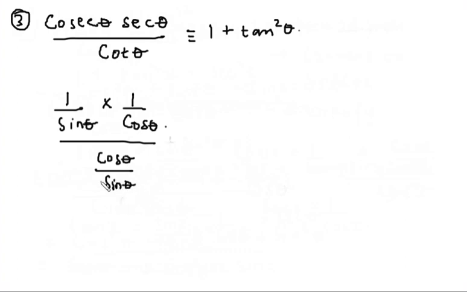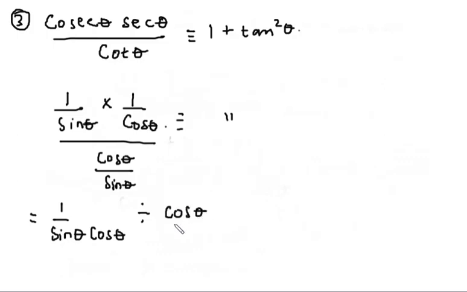Okay, so I'll be solving for just the left hand side mostly. This one multiplied by this, we should have equal to 1 over sine theta cos theta. Then this is divided by cos theta over sine theta. To change this division sign to multiplication, we have to switch the numerator and denominator of this fraction.